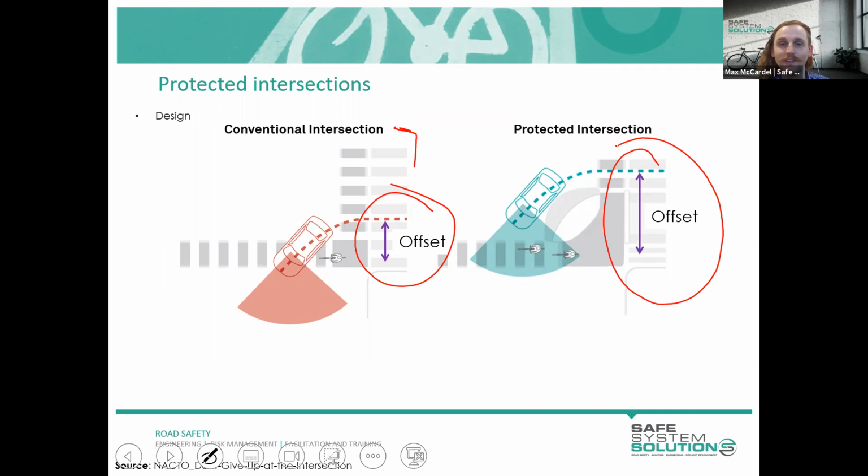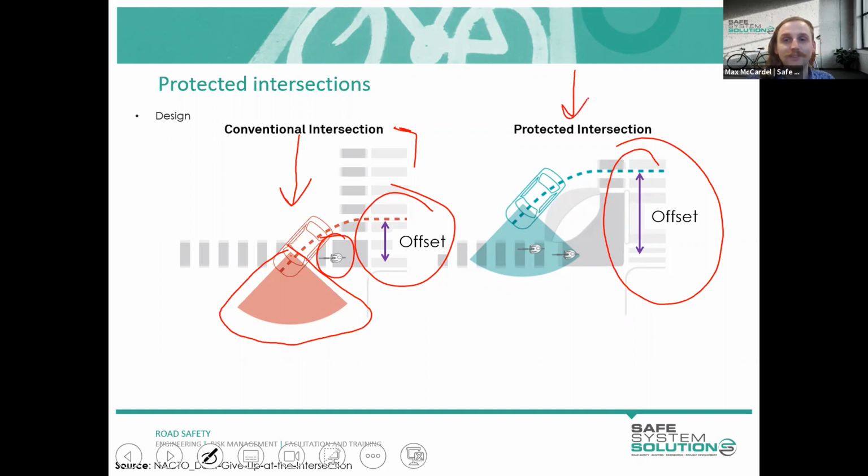And the reason for this, see this red shaded area here, that is representing the driver's sight lines. In other words, where they can comfortably see, where they're focused on, where their attention is. Within a conventional intersection, our cyclist is not within that field of vision. So it's very difficult for a left-turning vehicle to actually be able to see a cyclist within our conventional intersection designs.